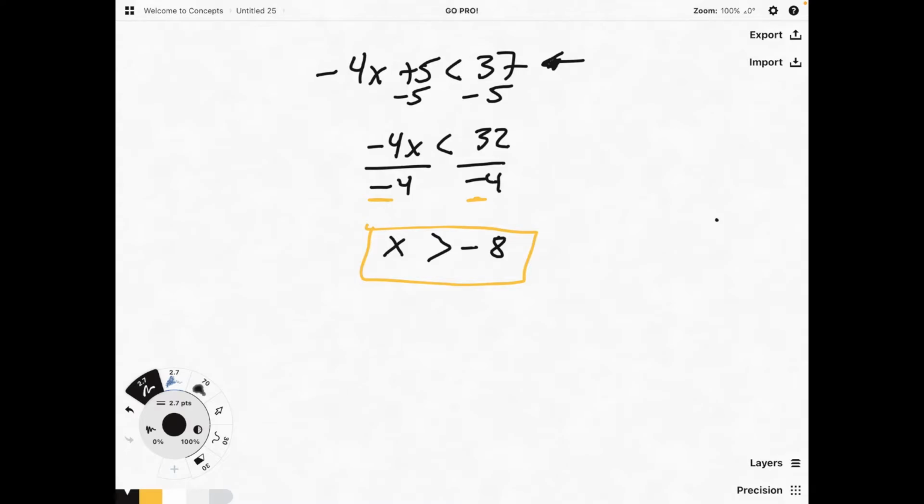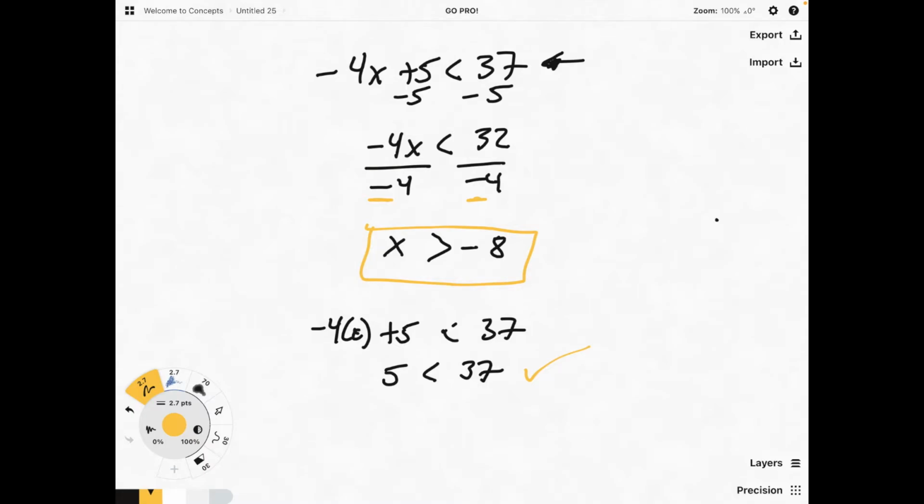Let's try 0. Negative 4 times 0. 0 is greater than negative 8, plus 5, we'll say, is less than 37. So we have negative 4 times 0, which is 0, plus 5. We have 5, which is less than 37. And that is a true statement. Let's try another one.